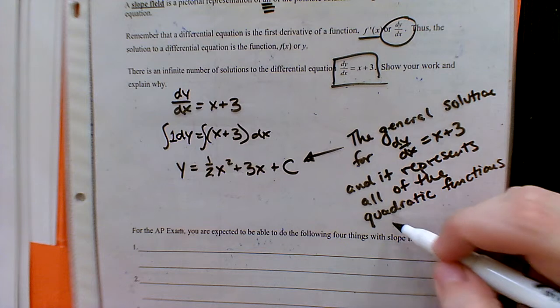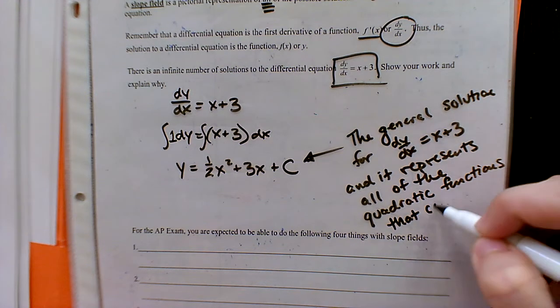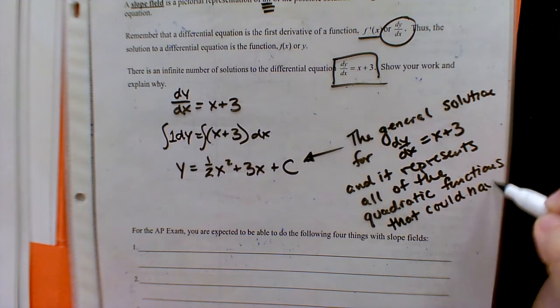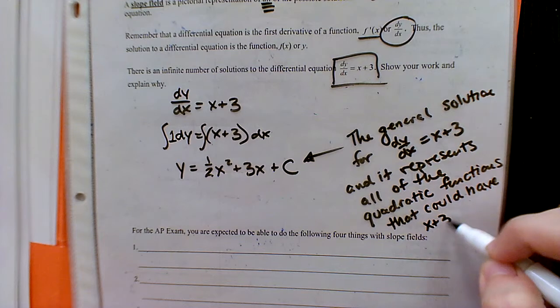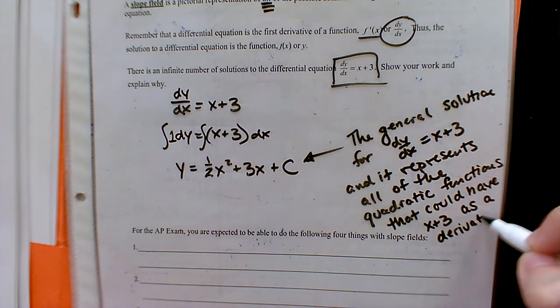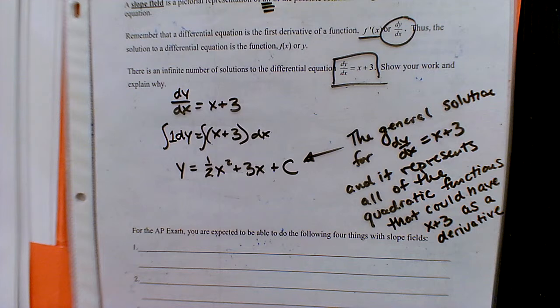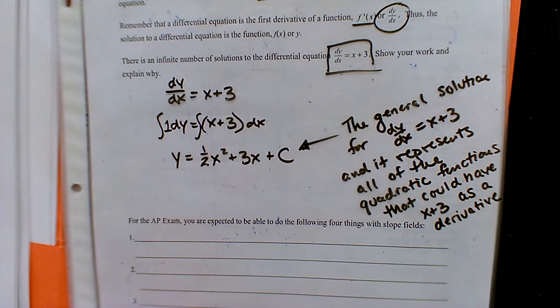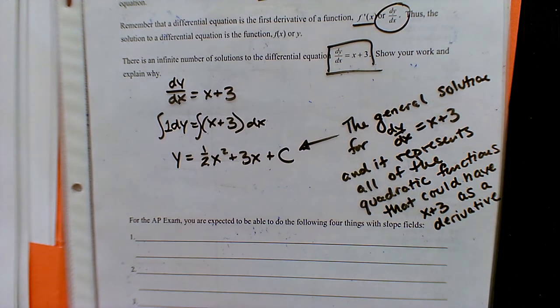It's all of the quadratic functions that could have x plus 3 as a derivative. It doesn't matter if that c value is 100 or -2. If you took the derivative of that, you would get x plus 3.